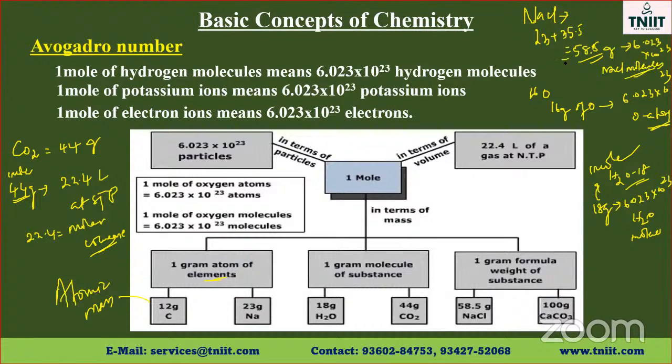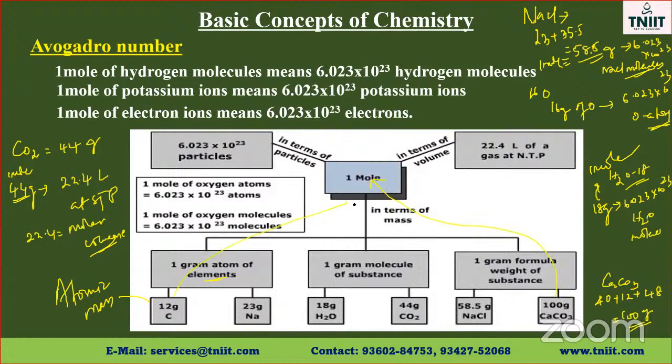Therefore, 58.5 grams of sodium chloride will be called a mole. Likewise, calcium carbonate: atomic mass of calcium is 40, carbon is 12, oxygen 16 × 3, it's 48. The molecular mass is 100. So 100 grams of calcium carbonate also contains Avogadro's number of calcium carbonate molecules. Therefore, that also corresponds to 1 mole.